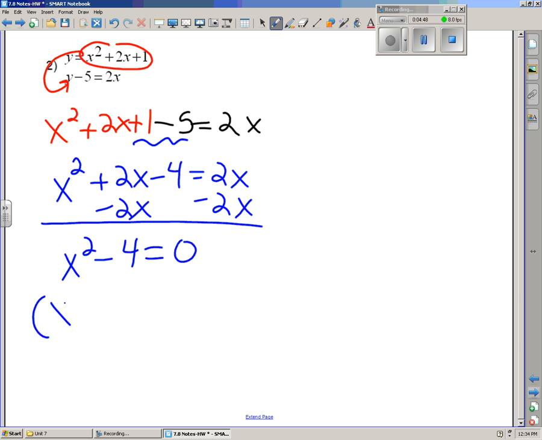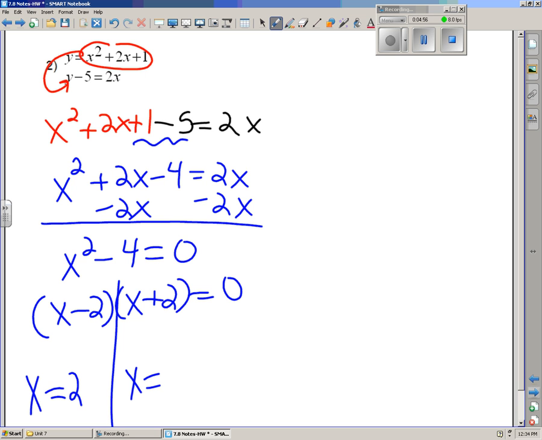This is a dots. X minus 2, x plus 2. Drop your wall. X equals 2. X equals negative 2. So my solutions are going to be 2 comma something and negative 2 comma something. Well, let's figure out what that is. I'm going to go into my linear.